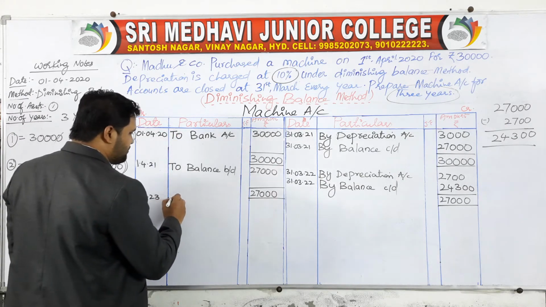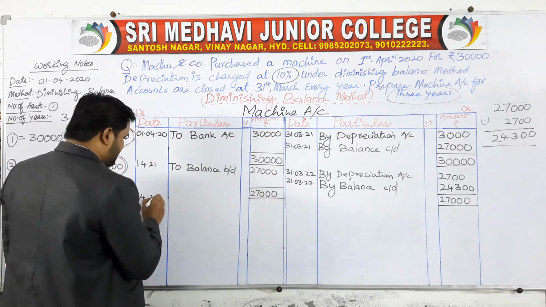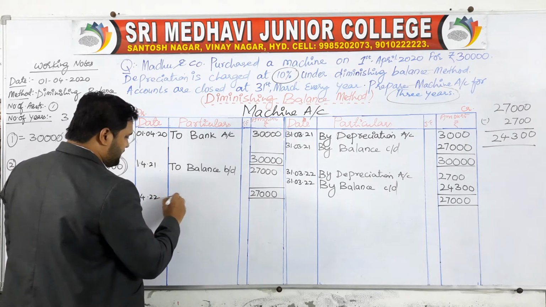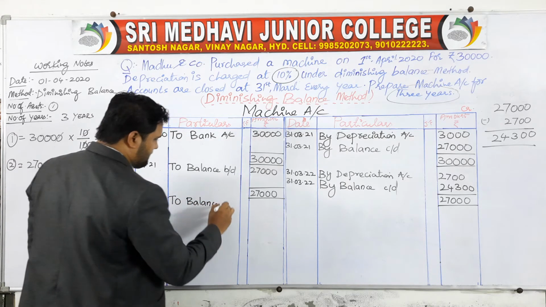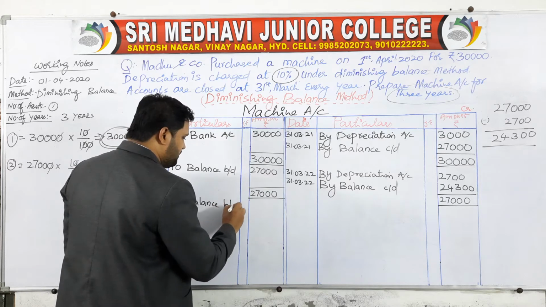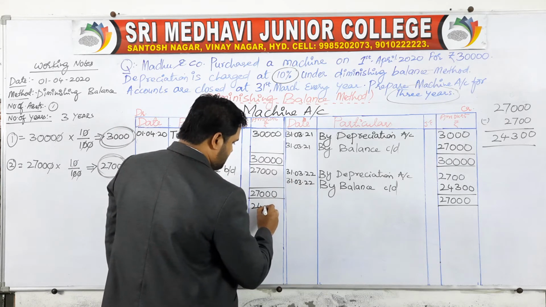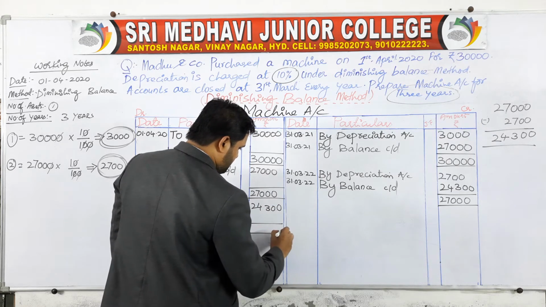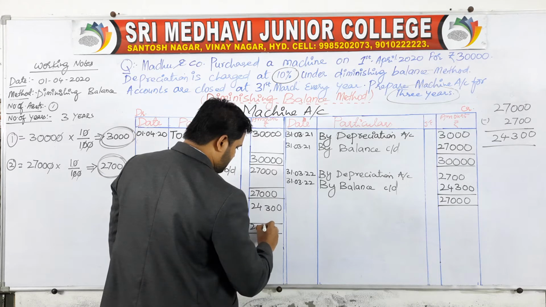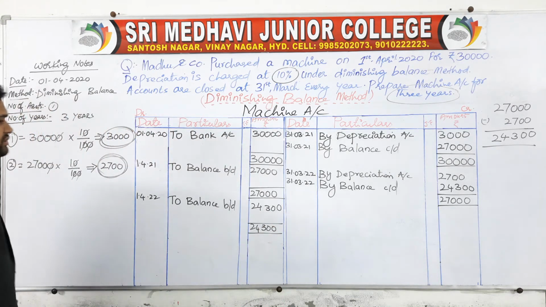On 1st April 2022, to balance brought down 24,300. Now calculate the depreciation of this year.